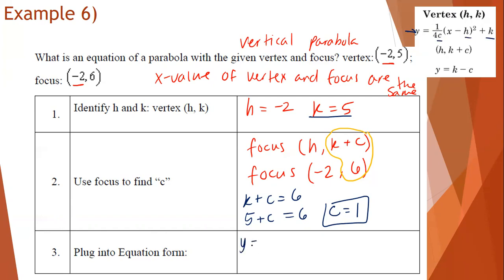We have y equals 1 over 4 times 1 times x minus h, which is negative 2, squared, plus k, which is 5. I'm going to clean this up. y equals 1 over 4, a negative times a negative is a positive, x plus 2 squared plus 5.